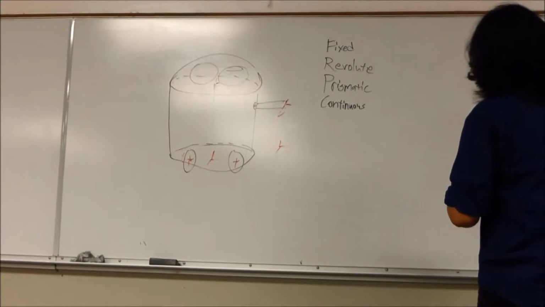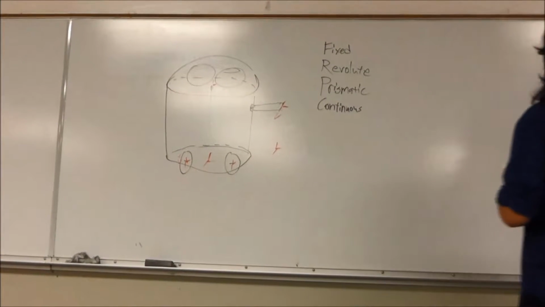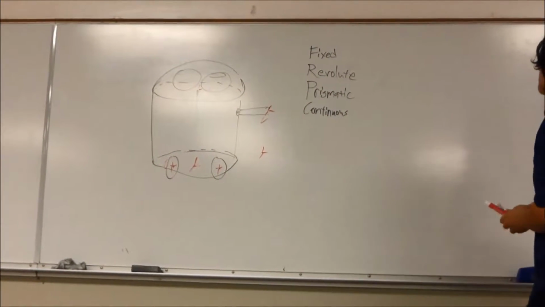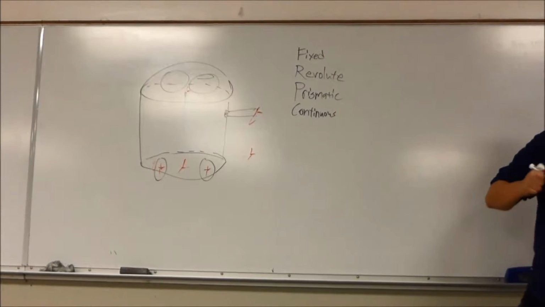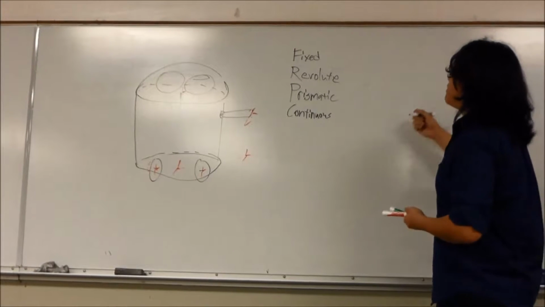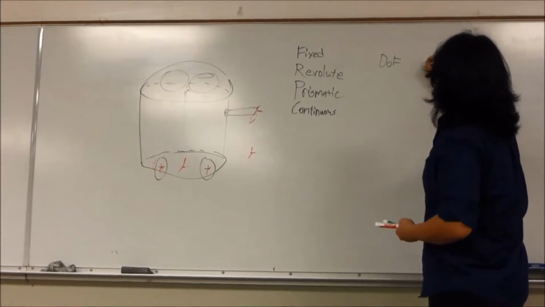A few vocab words that you'll probably often encounter that may not be obvious. Degree of freedom, things commonly used. These are also commonly used acronyms. You'll see that a lot, degree of freedom.